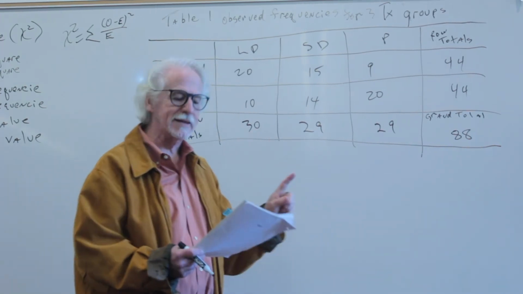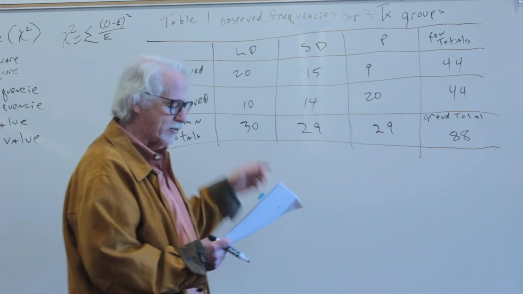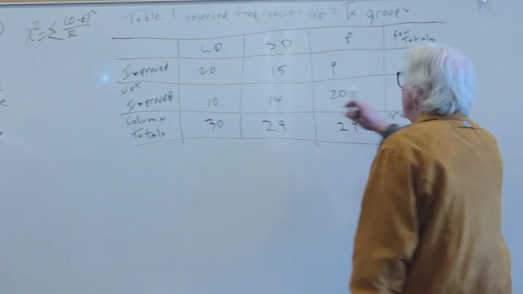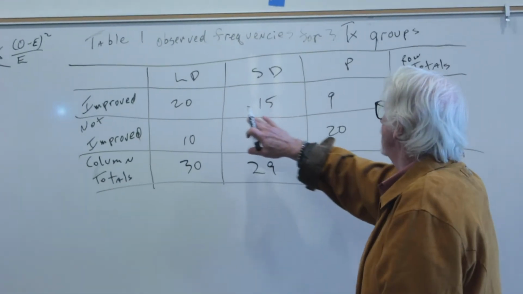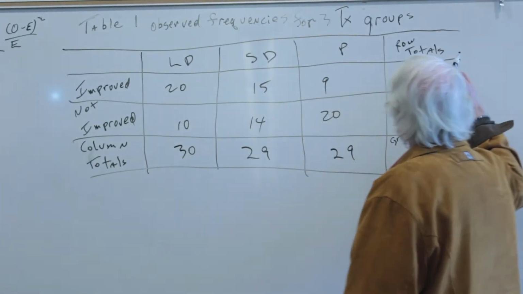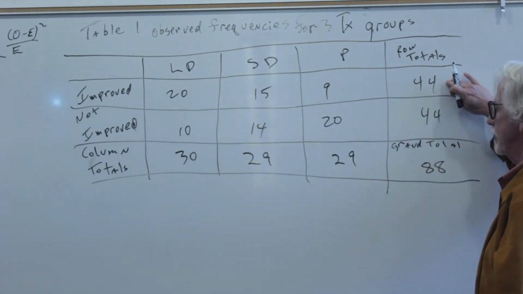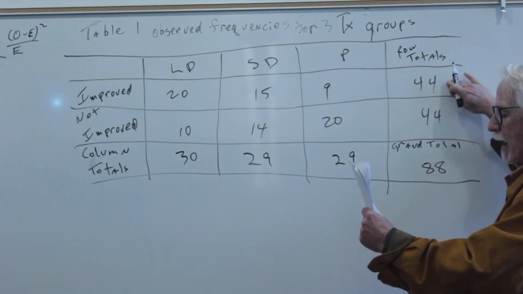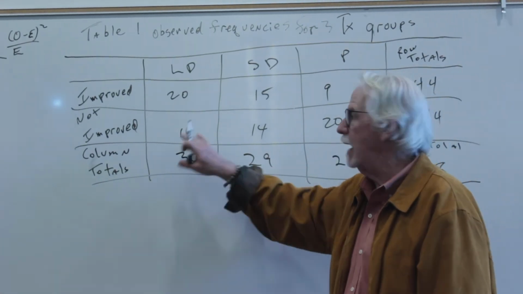For each expected frequency, you multiply the associated row total. So if I want to look at the improved column and the low dose, I'm going to look at the row total multiplied by the column total, right?